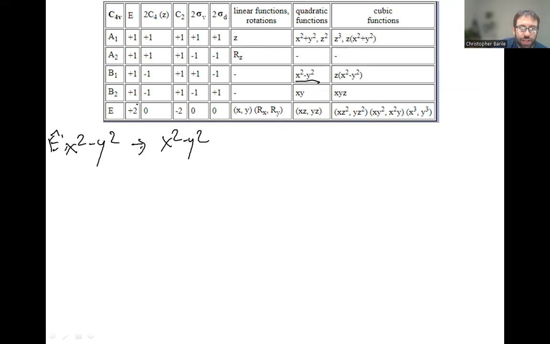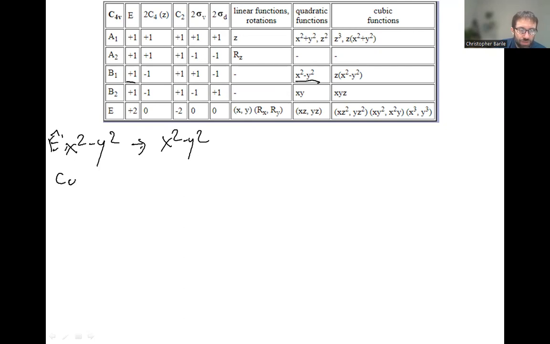So the character there is going to be a 1. We would always get a 1 in the beginning for a function, until later on, perhaps we might see that two functions have to transform together, and then that would get us in this E space, right? But we kind of know the answer already. We're not going to have that here.